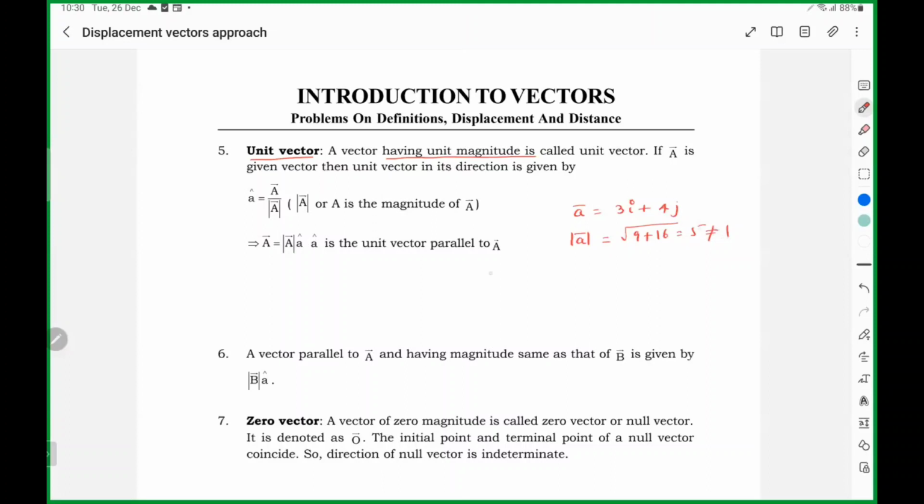So it is not a unit vector. To get the unit vector in this direction, divide the vector by its magnitude. Now you can check it. This unit vector we denote with a cap. You check the magnitude, you get 25 by 25, which is 1.